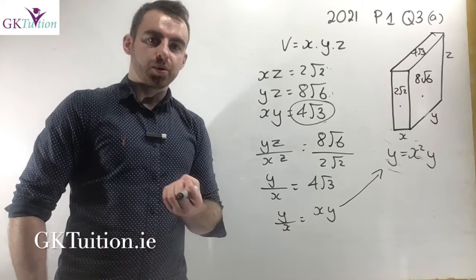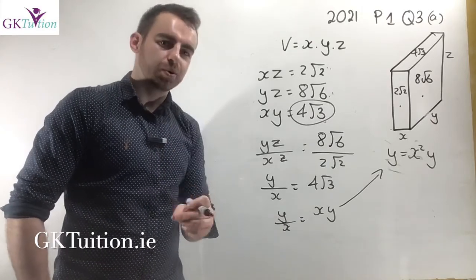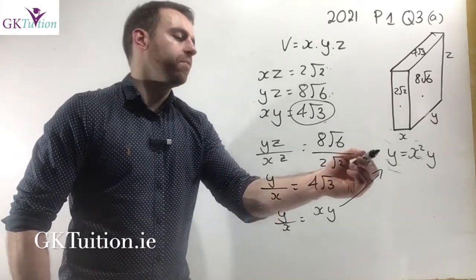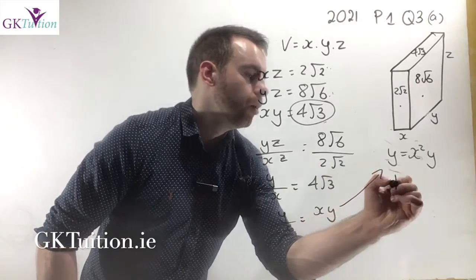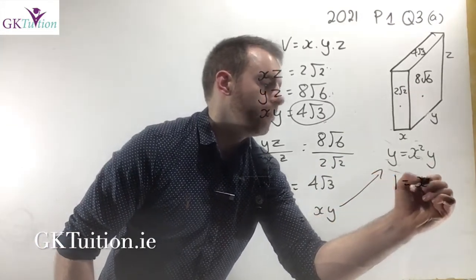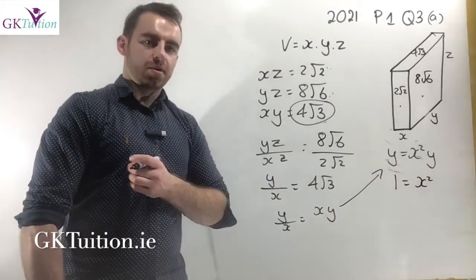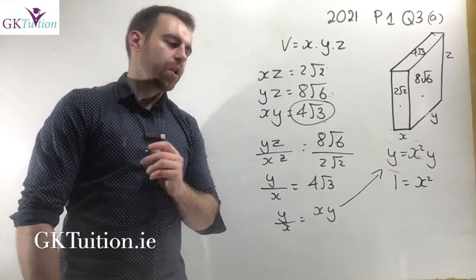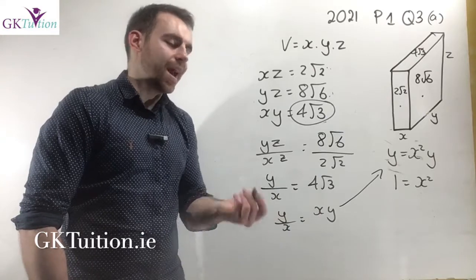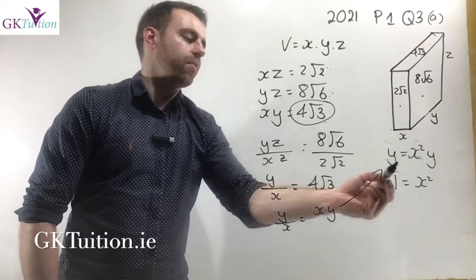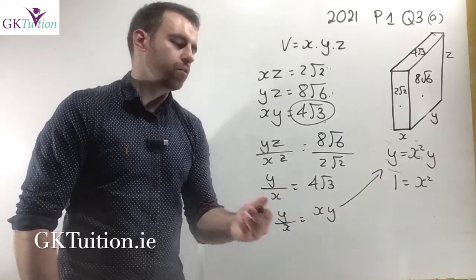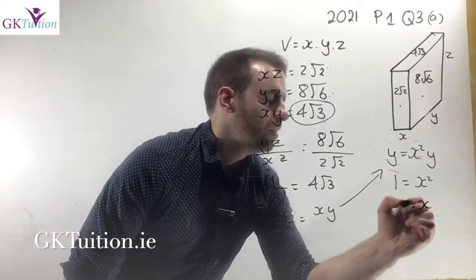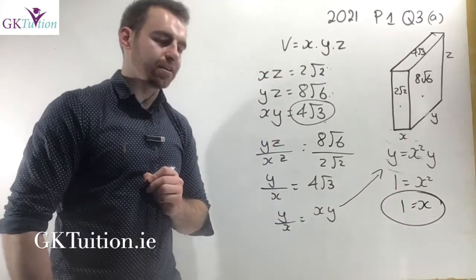There's a y on both sides, so I'm going to divide both sides by y. If I divide y by itself, I get 1. And if I divide the right hand side by y, the y is simply gone. Now I have one equation and one unknown: x squared is equal to 1, so taking the square root of both sides, x must be equal to 1.